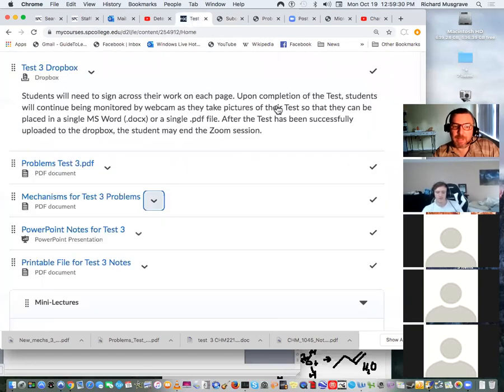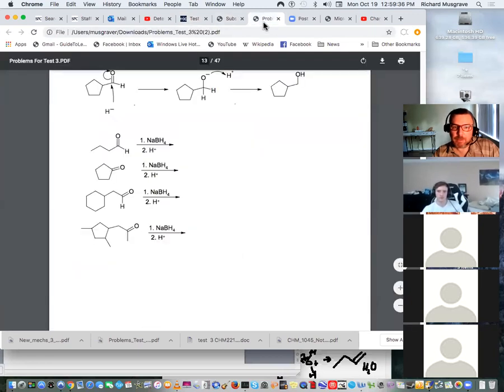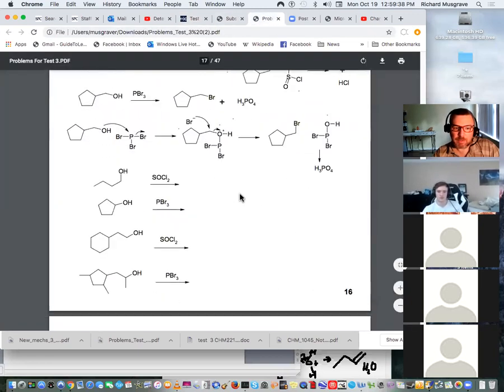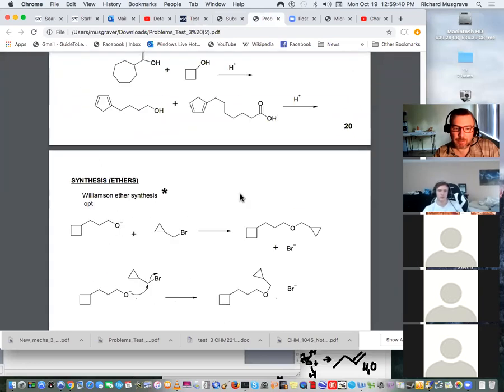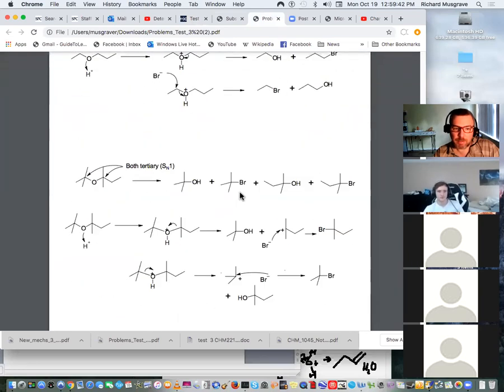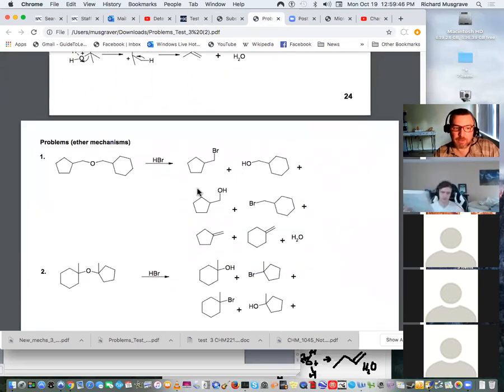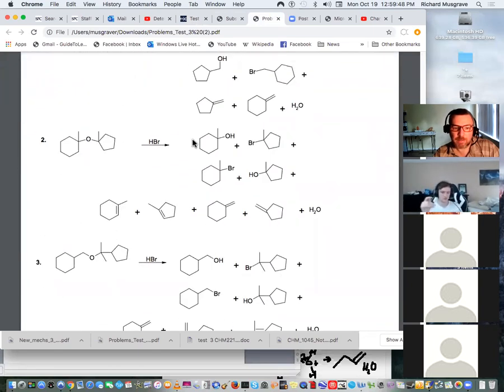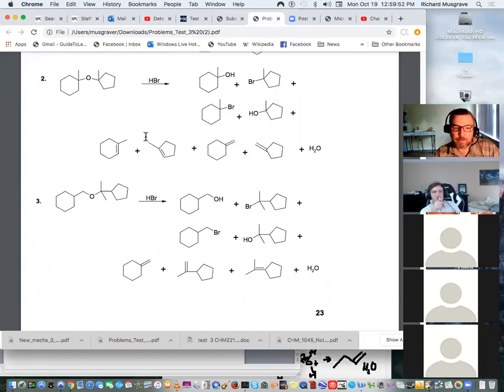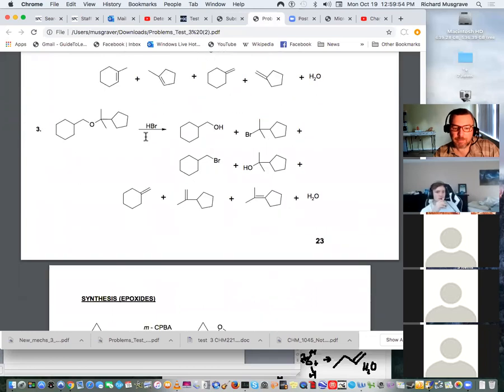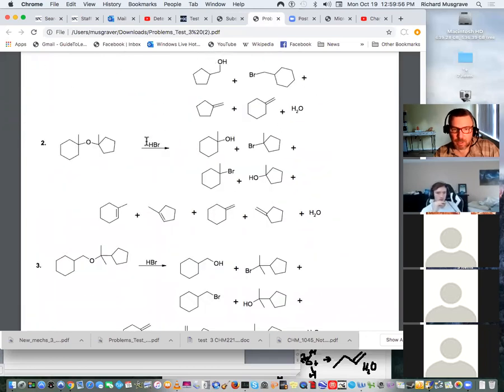All right, does anybody have any other questions at this point? Oh yeah, let me go back to here, problems test 3. I've got examples. Here we go. Summary of ether mechanisms, and I've got some problems here on page 25, and I've got mechanisms for these. These are in the mechanisms file as well. So 3 examples there that you can look at. Then of course you've got all the old problems.